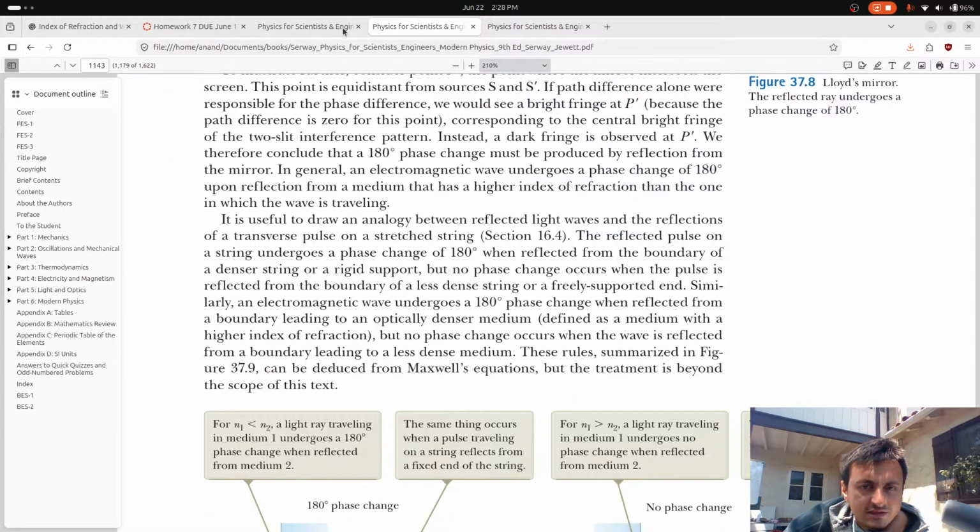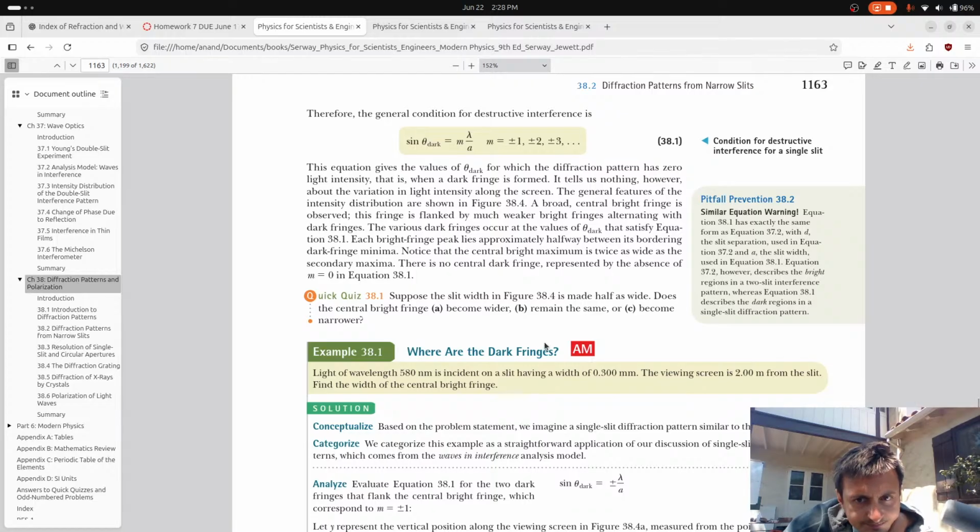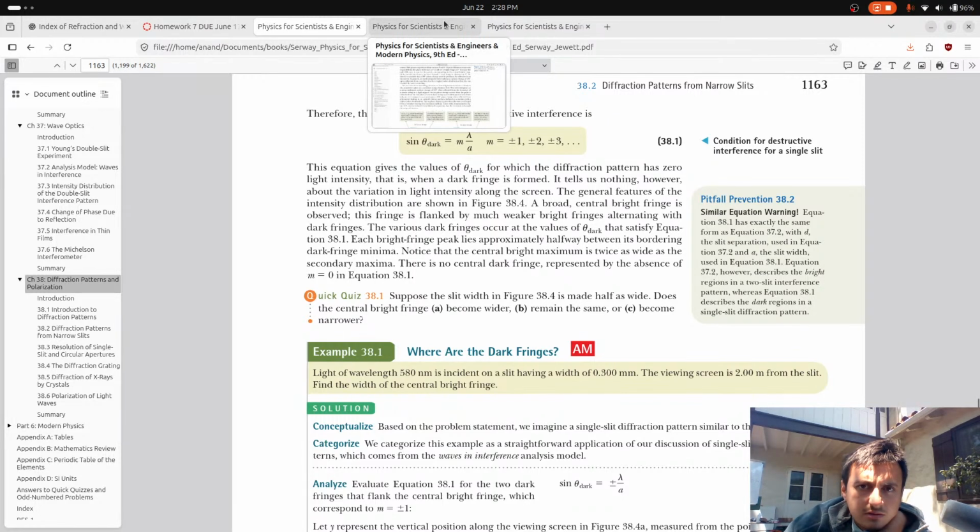I think the reason it becomes wider is that this number is going to get bigger, and sine is at a maximum at plus or minus pi over 2. So theta has to grow.